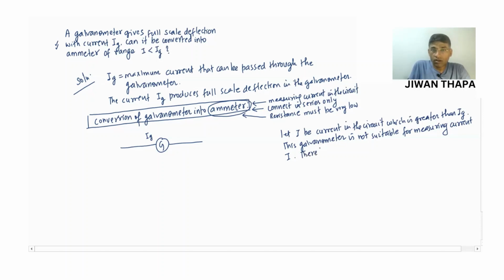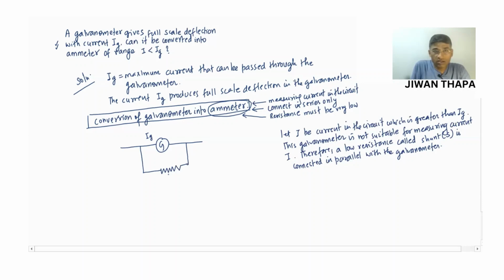Therefore, a low resistance called shunt S is connected in parallel with the galvanometer. So let us connect a low resistance called shunt. So this is shunt connected in parallel with the galvanometer.